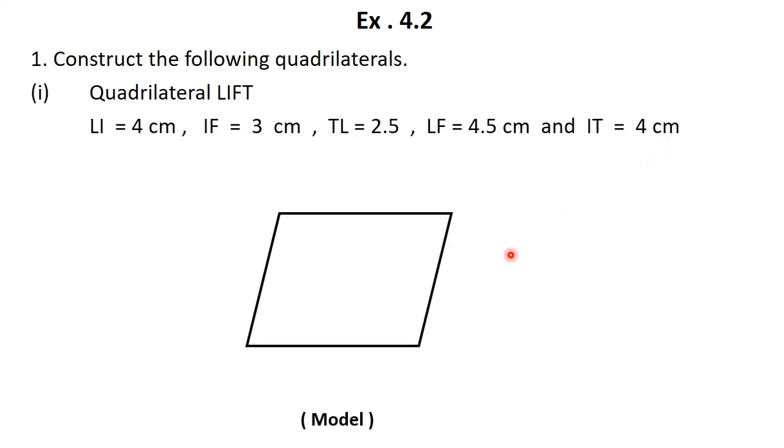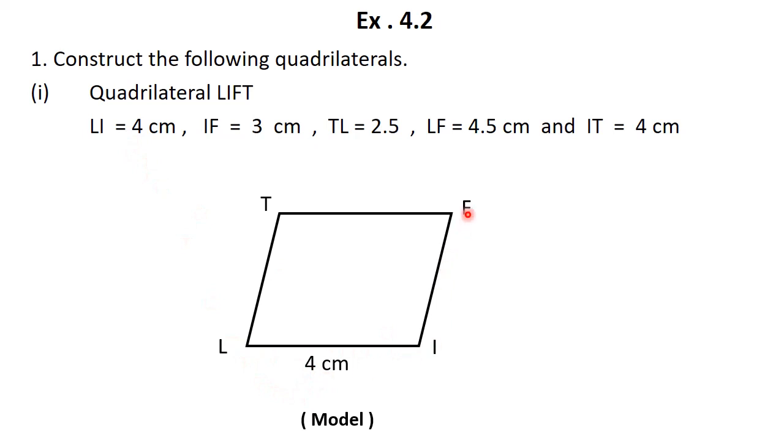As we know that a quadrilateral has 4 sides, we draw any 4-sided closed figure. And according to the question, the name of this quadrilateral should be LIFT. L-I-F-T. And in this quadrilateral, the length of LI should be 4 cm as given in the question.